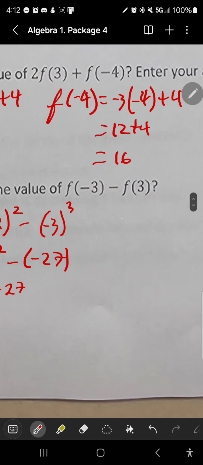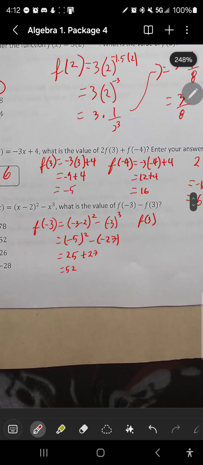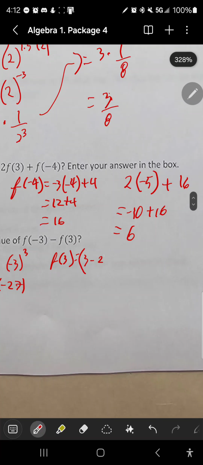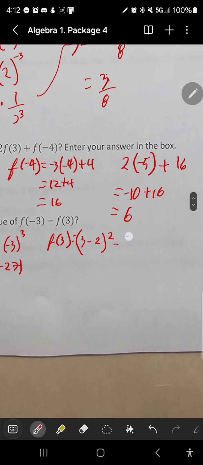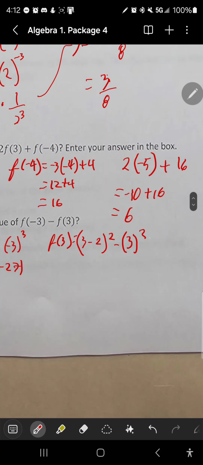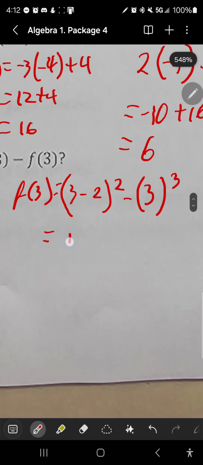Now let's see f(3). So f(3) equals 3 minus 2, squared, minus 3 to the third. Now 3 minus 2 is 1, so 1 squared minus 27. 1 squared is just 1, so 1 minus 27 is negative 26.